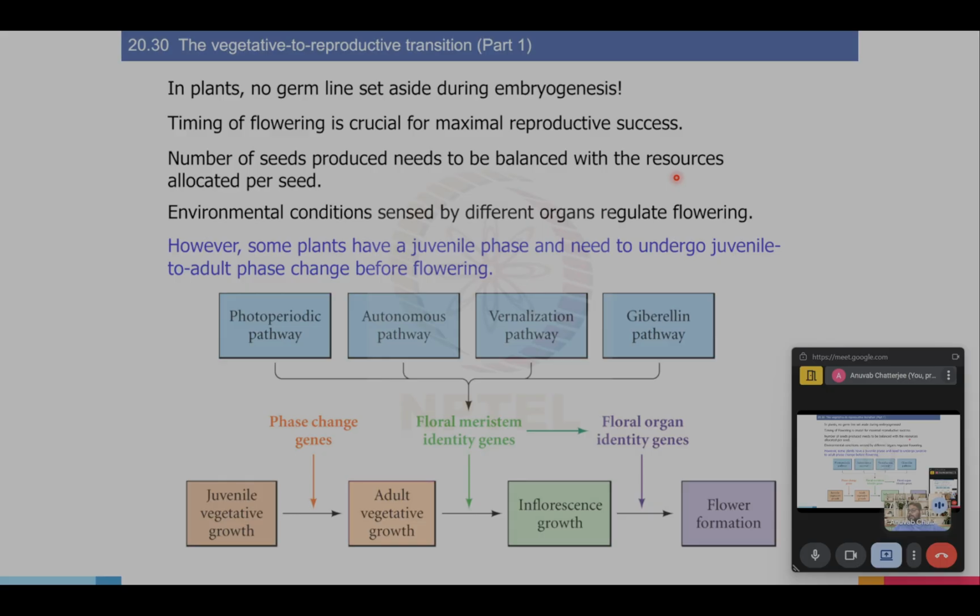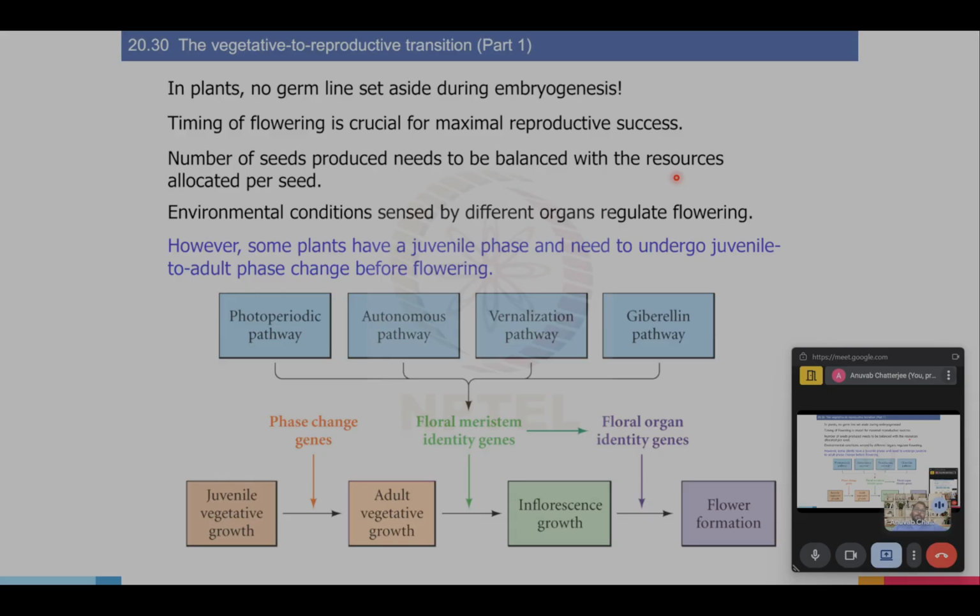But in the case of plants, no such thing happens. The germline is not separated from the plant, but instead the plant can decide to have any of its cells start behaving like a germline, giving rise to the different male and female reproductive parts.